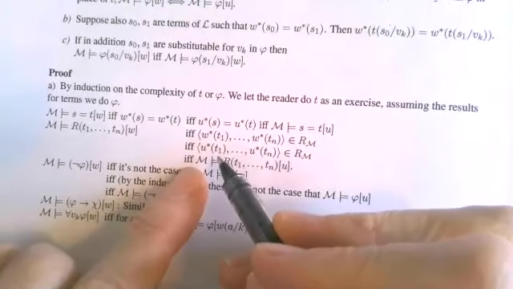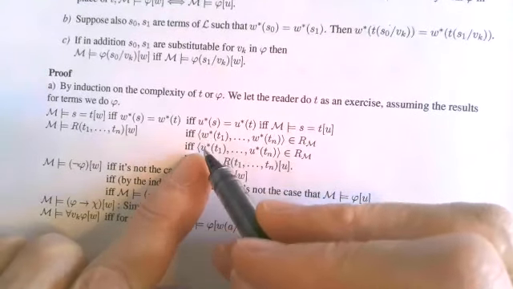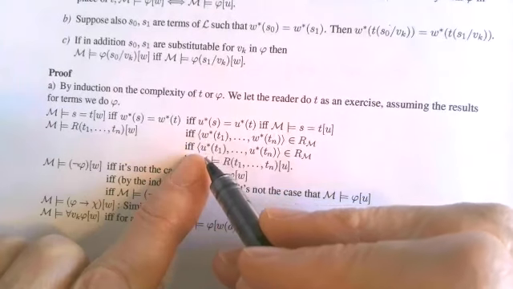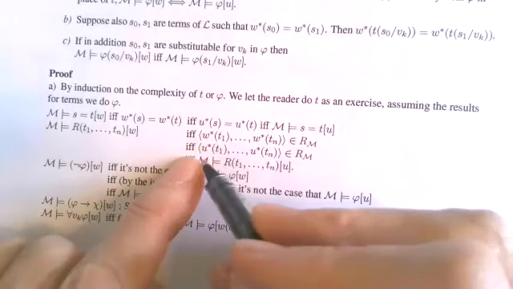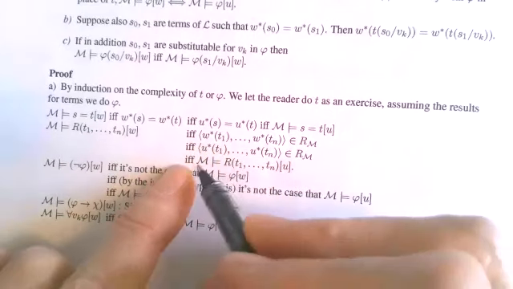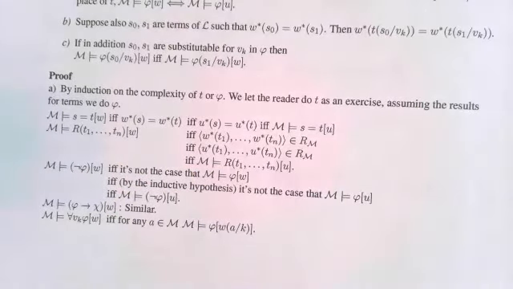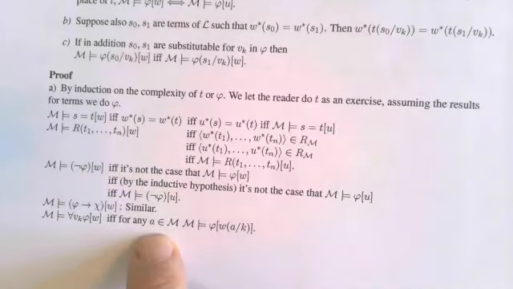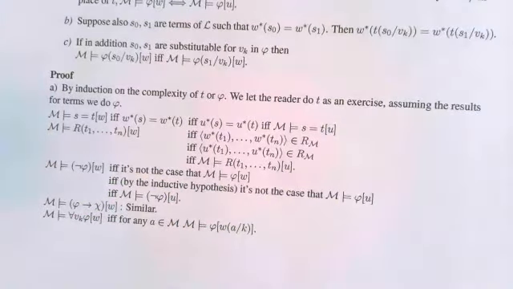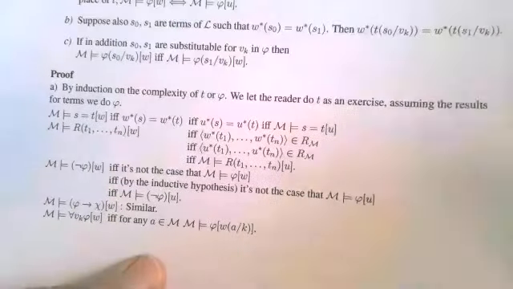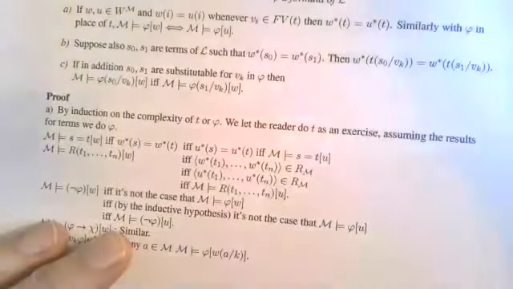And if U and W end up assigning the same things to these terms, then this will be in the relation if and only if this is in the relation, if and only if U makes the formula true in M. And we have similar things here for negation and implication, and also for the universal quantifier.